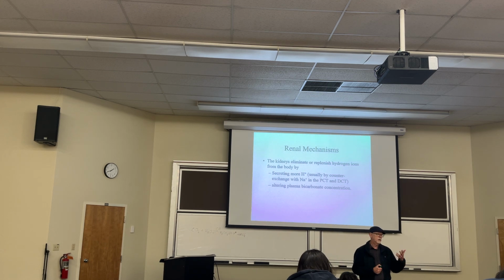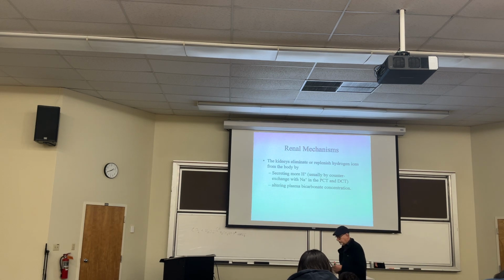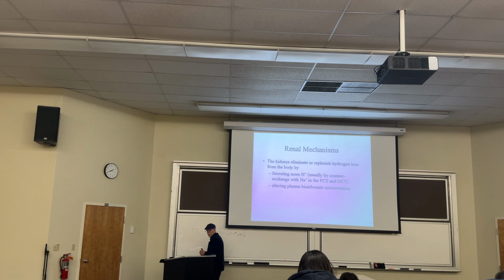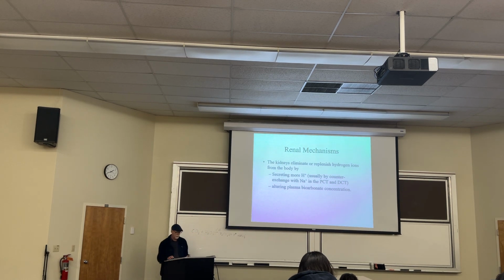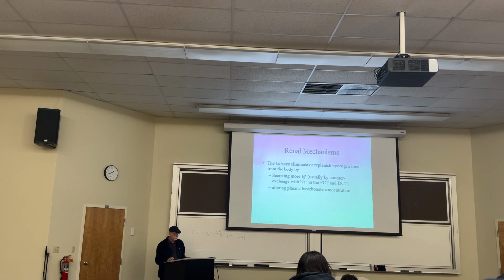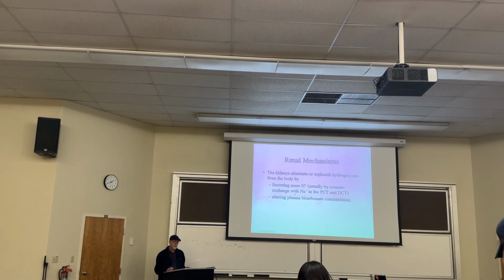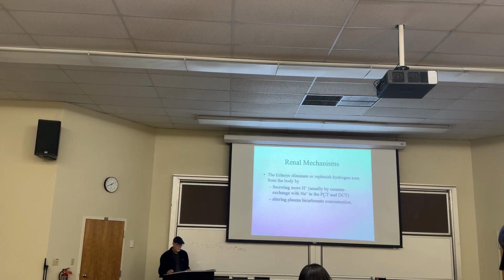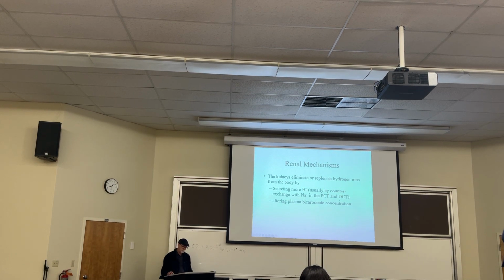We can secrete and excrete more bicarbonate and reabsorb more hydrogen, depending on the direction that we want to go to get us back into balance. A lot of this for hydrogen ions is secreted with countercurrent, opposite exchange with sodium ions in either the proximal or the distal convoluted tubule.